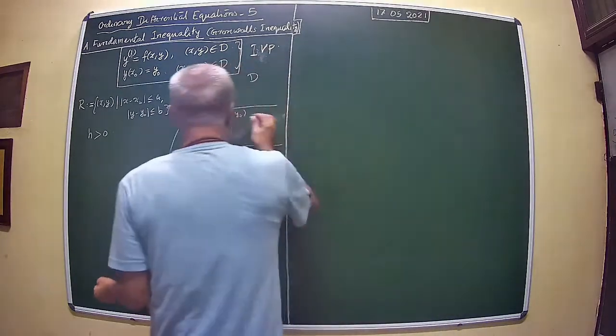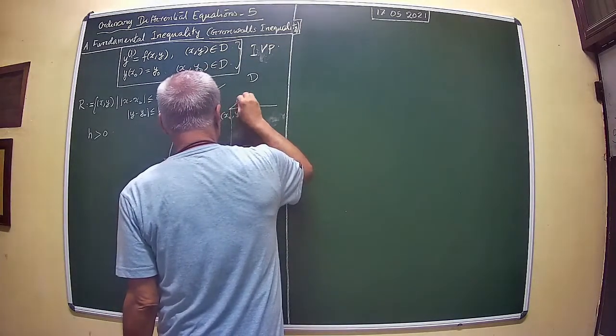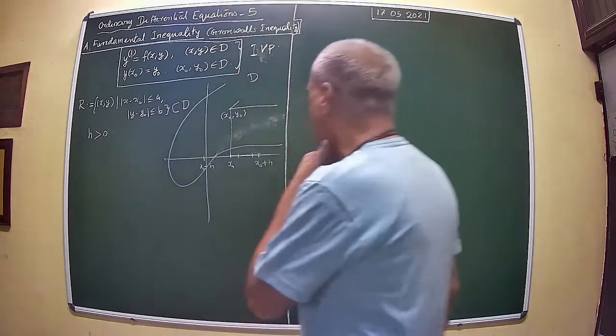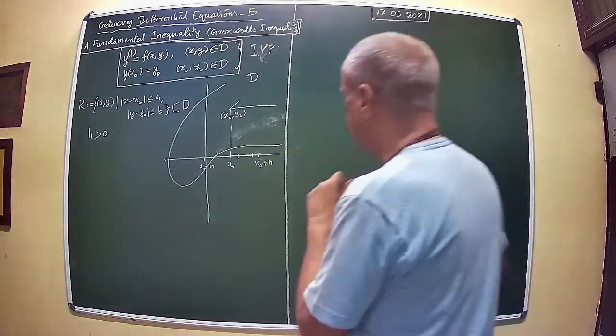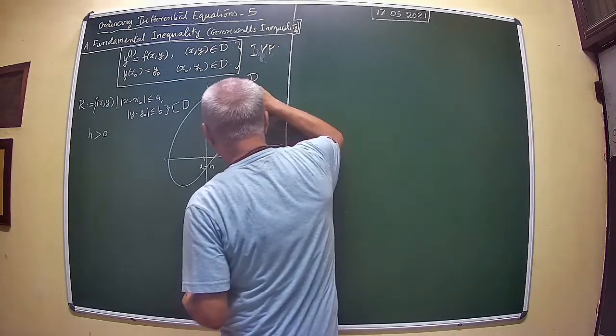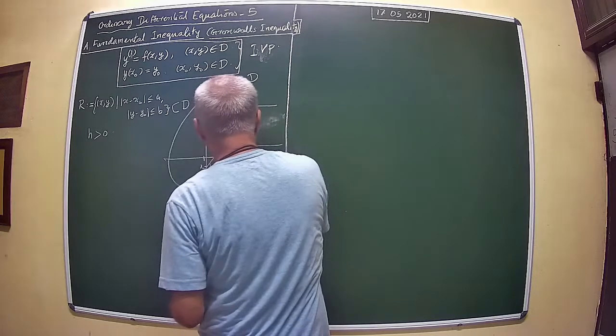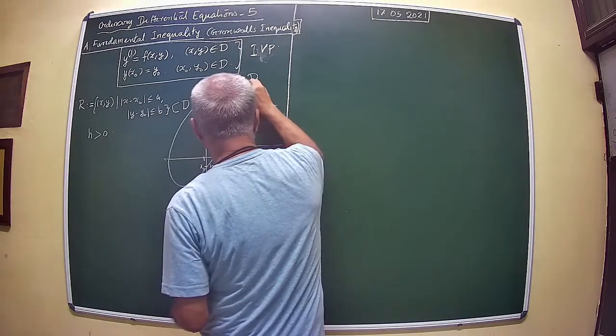Then we constructed a line with a slope f of x naught, y naught, and then we saw where it meets the ordinate, and that point was named x1, y1.